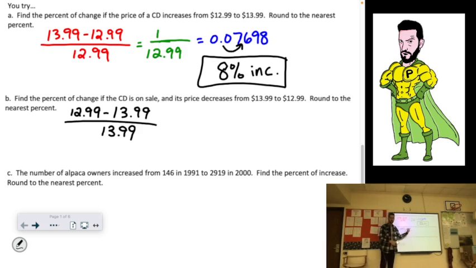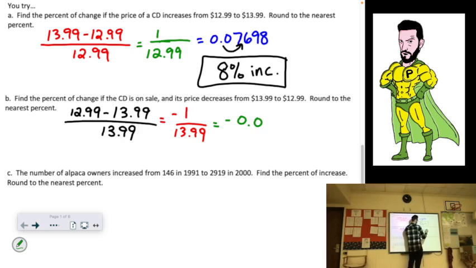So yeah, it'll come out to -1 up top, but the denominator changed because the old price changed. So this would give us -1 over $13.99. 0 point, let's see, 1 divided by $13.99, 0.0714.